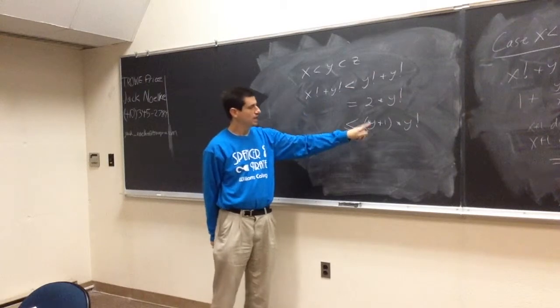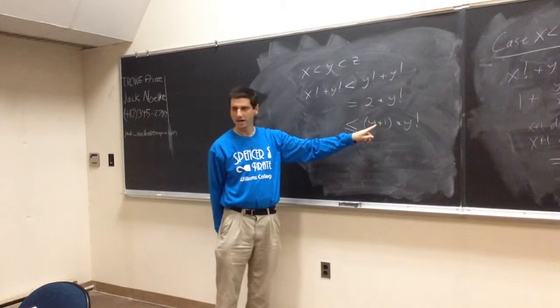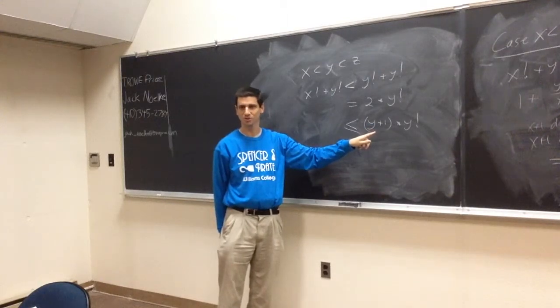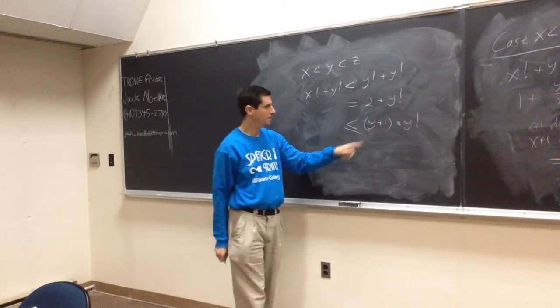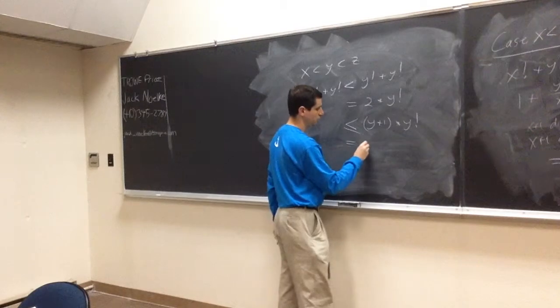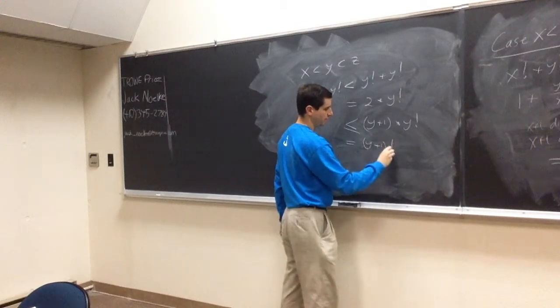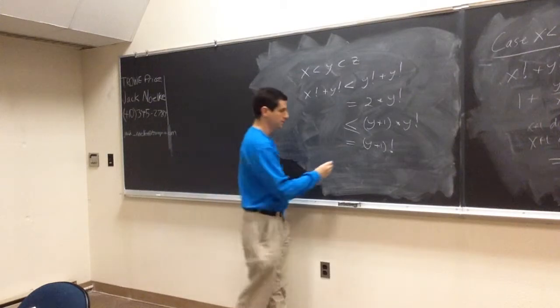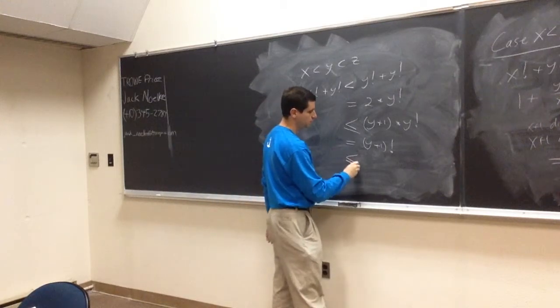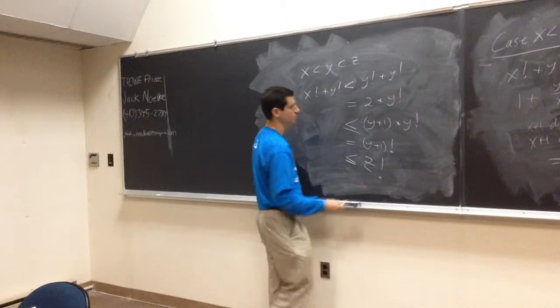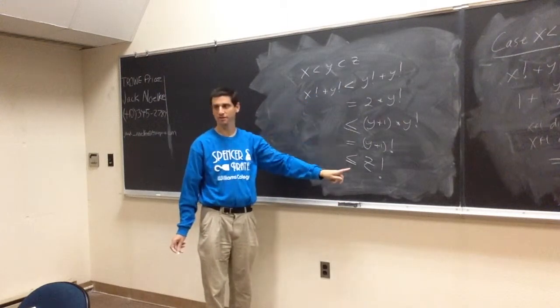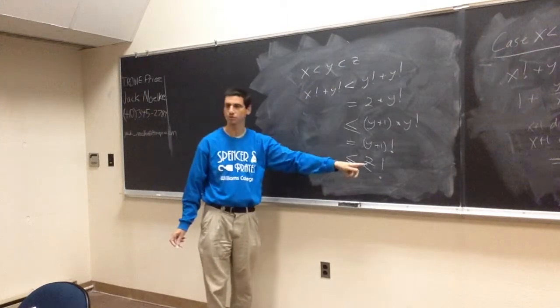So all we need is that y has to be at least 1. Well, since y is a positive integer, this is true. But this is going to be equal to y plus 1 factorial. And because z is greater than y, this is less than or equal to z factorial. And we have one strict inequality in the chain. Therefore, it can't be true.